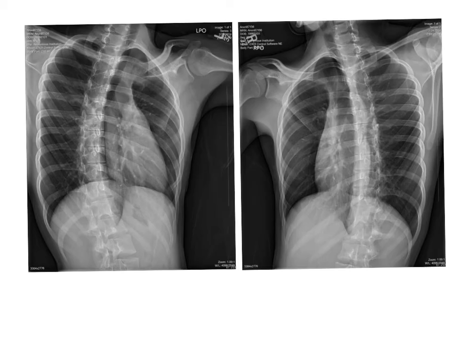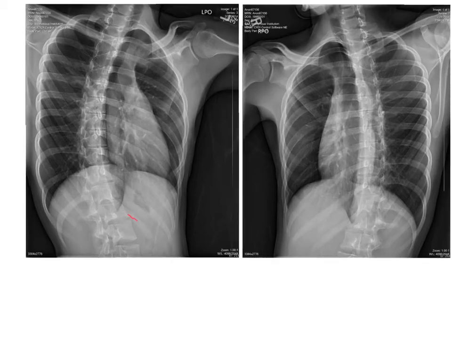Well, here you go. What we are looking at, which is nicely marked for us in these images, is an LPO and an RPO. Here's our right marker. Here's our left marker. So if this is LPO, it means our left-sided ribs, left axillary ribs, are our main interest here.